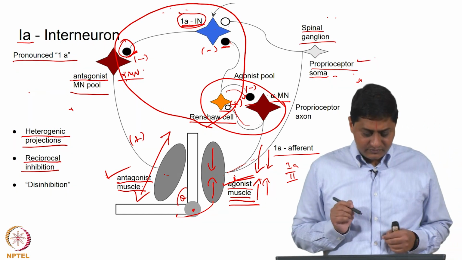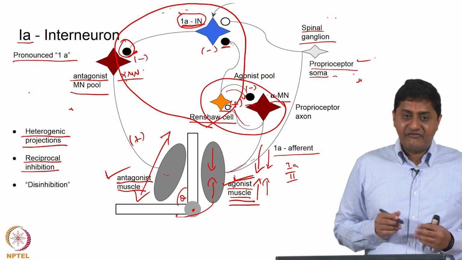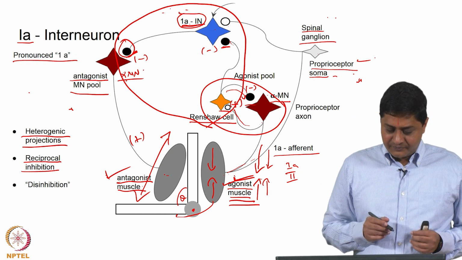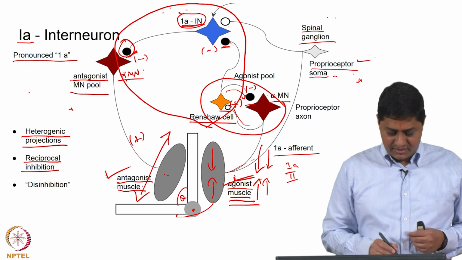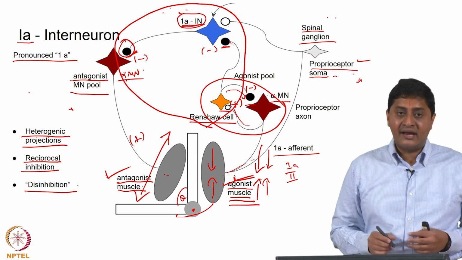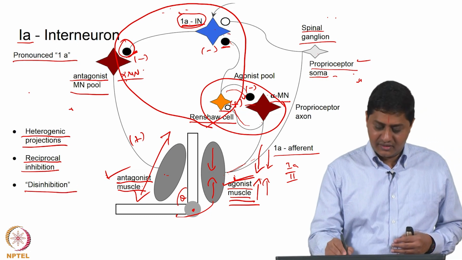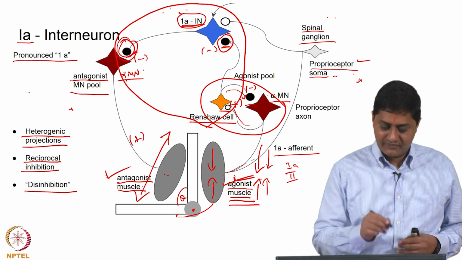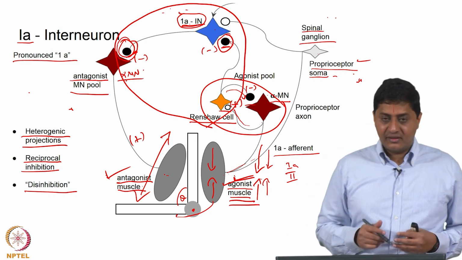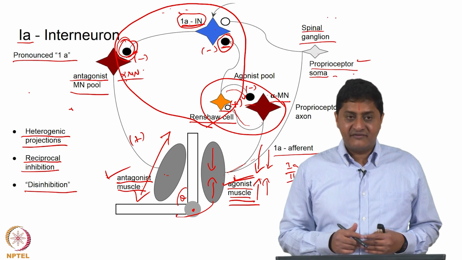These are two. The third is a different case in which an inhibition of inhibition is provided. These two are provided through the activation of the Renshaw cell.